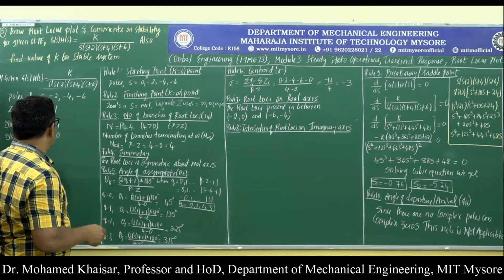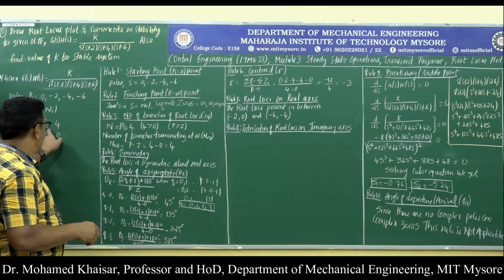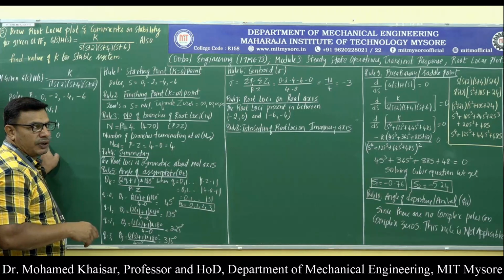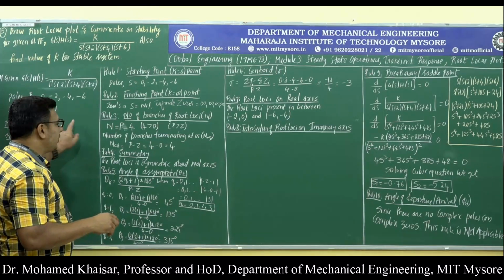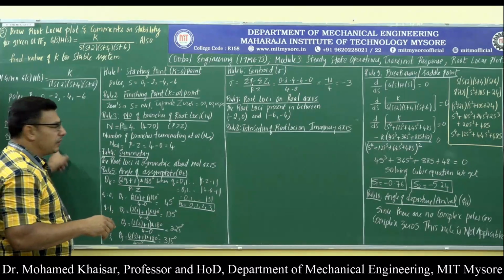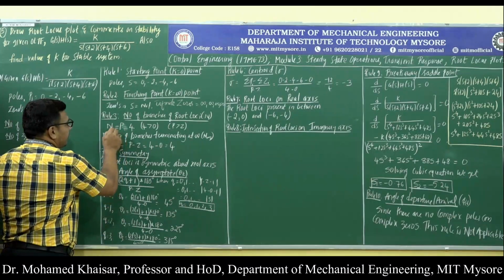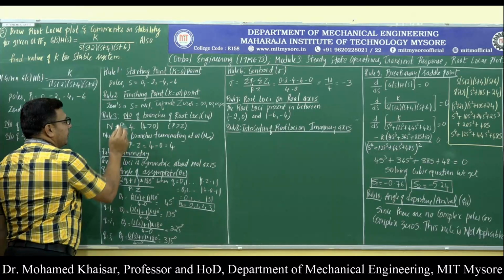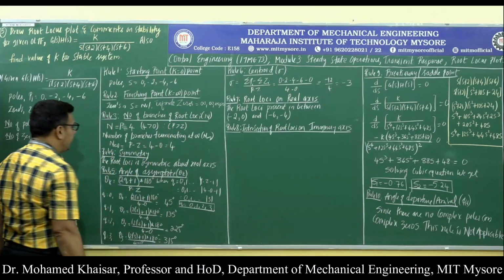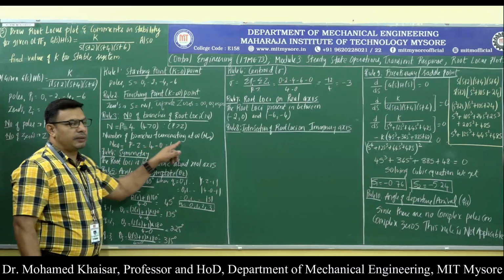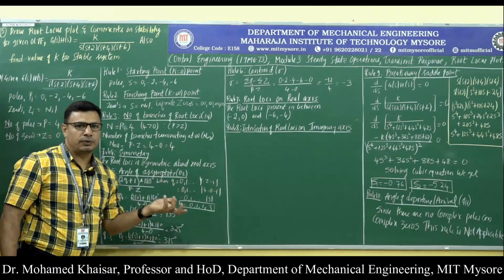But in the given problem, the number of poles is 4 and the number of zeros is nil, because of which the number of poles is greater than the number of zeros. That is why the number of branches of root loci will be equal to the number of poles, that is 4.